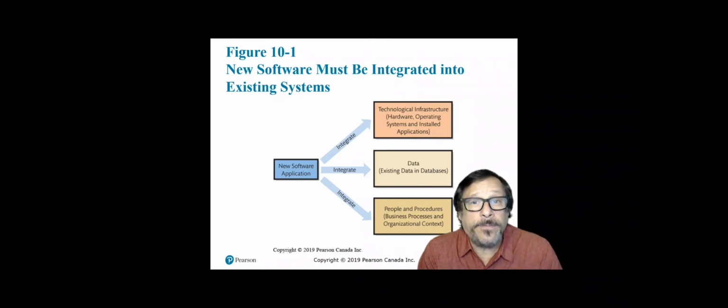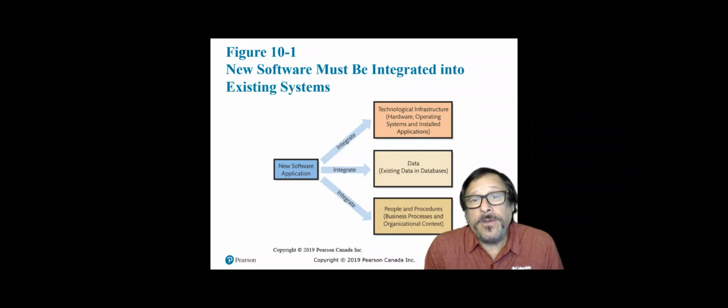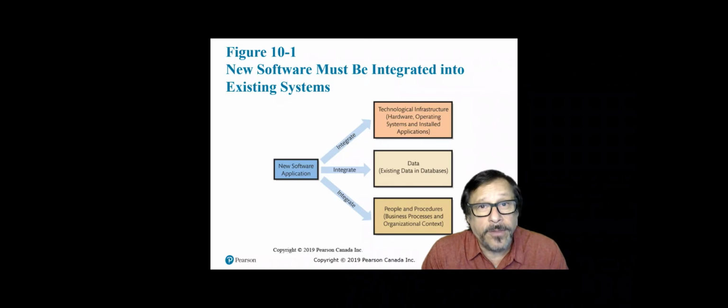And then there's the people and procedures. You have to train your people on how to use this new software. There'll be new procedures in place. Say the software requires different information coming from the manufacturing floor, from the managers in manufacturing. New forms have to be filled out and sent in.